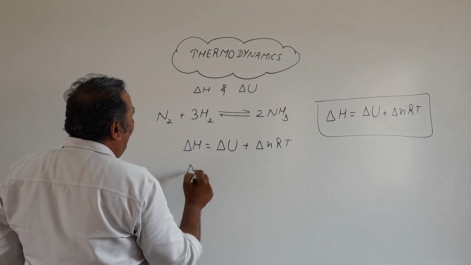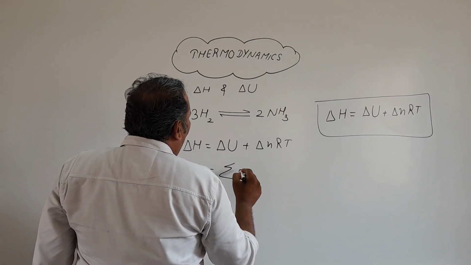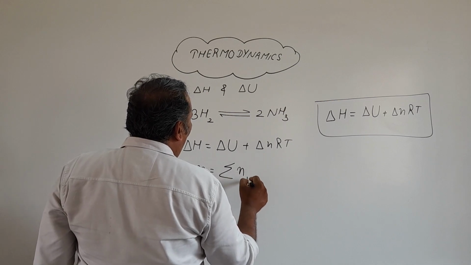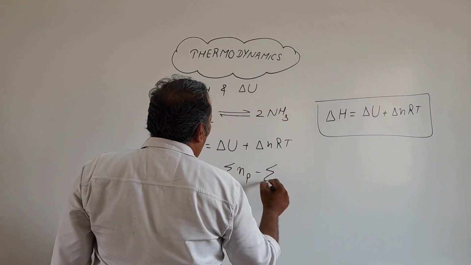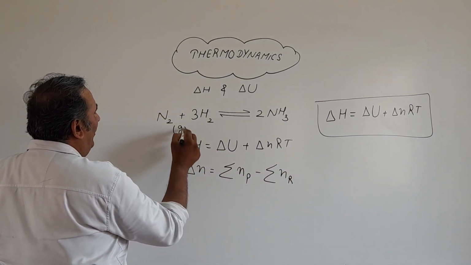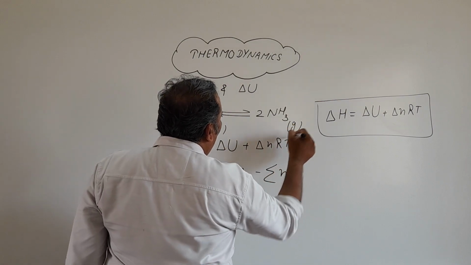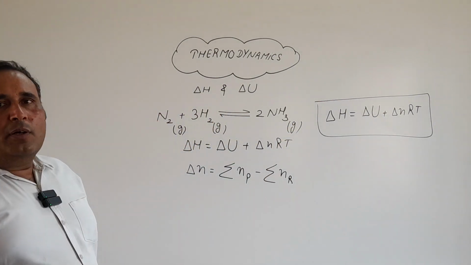Now what is delta n? Delta n means total number of moles of product minus total number of moles of reactant, and we should consider the number of moles of only gaseous reactants or products.